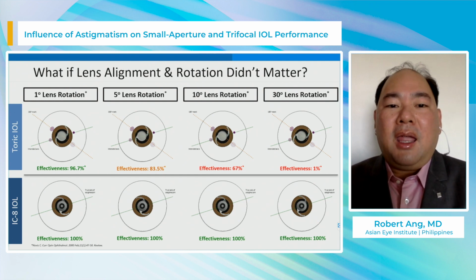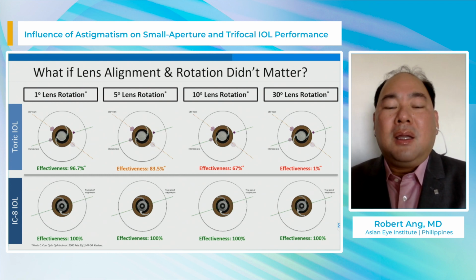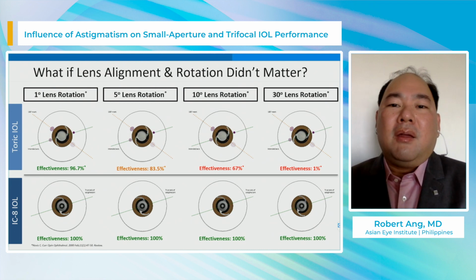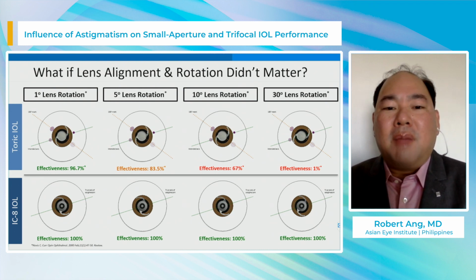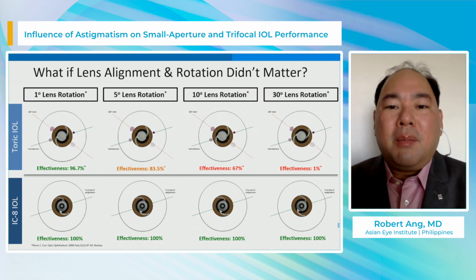Whereas in the IC8, because of the small aperture or pinhole optics, it doesn't matter where you put the axis of the IOL. It can be vertical, horizontal, it can rotate, and it doesn't matter much because the small aperture is the one that is negating the corneal astigmatism. So you don't have to worry about alignment if you decide on using an IC8.